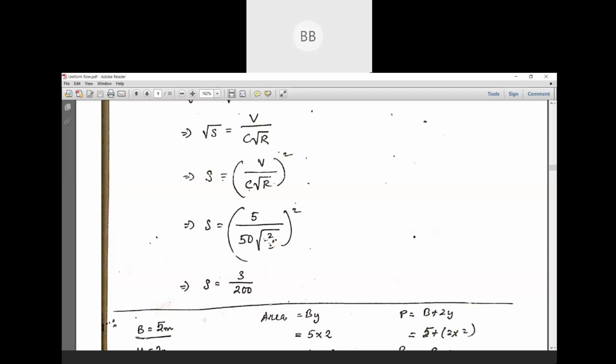If you solve, the slope you are going to get is 3 by 200. Or you can also write 3 in 200.